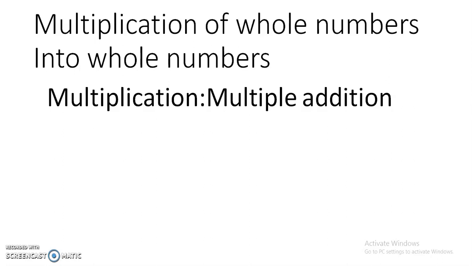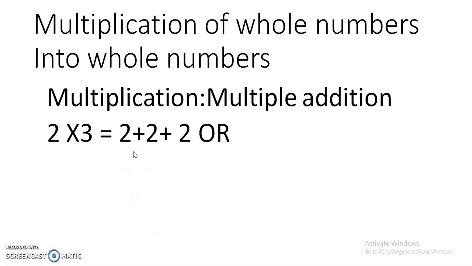Multiplication means multiple addition. The real meaning of multiplication is adding any number multiple times. So that is multiplication. You already know how to multiply different numbers by using tables.